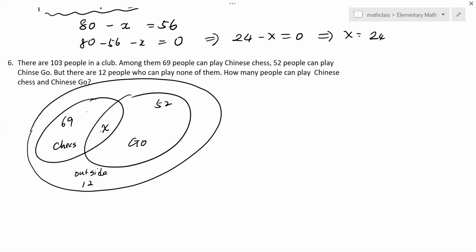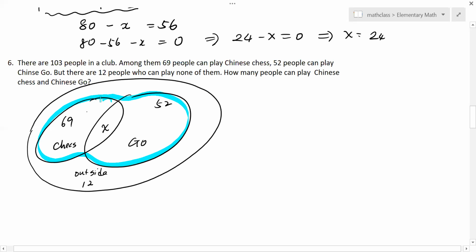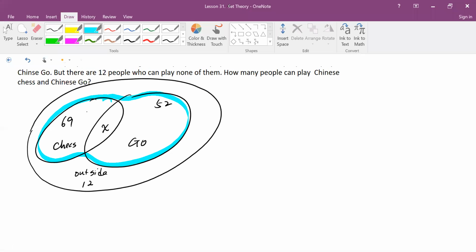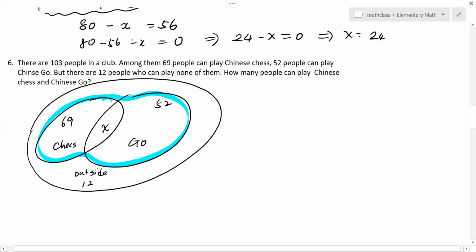First of all, we calculate the number of people in the union of those two groups, which means the people who can play at least one of the games.